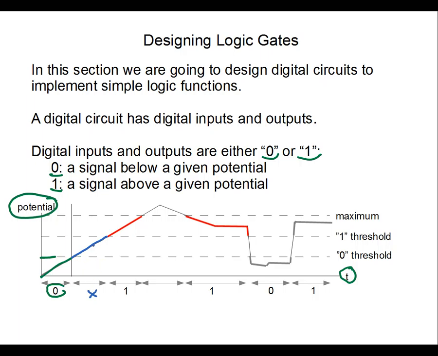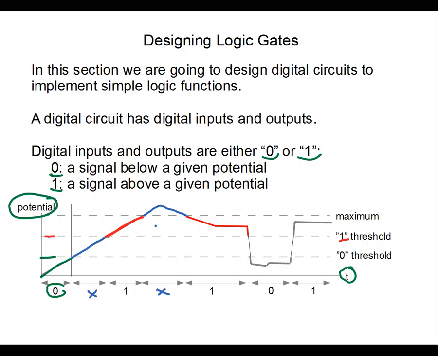So we don't know what the interpretation of the signal is through here, until we get above this 1 threshold, and then the signal becomes a 1. So the signal is 1 in here. Once it comes above a maximum value, the signal is no longer a valid signal. It's no longer interpreted, so it's again a don't care.